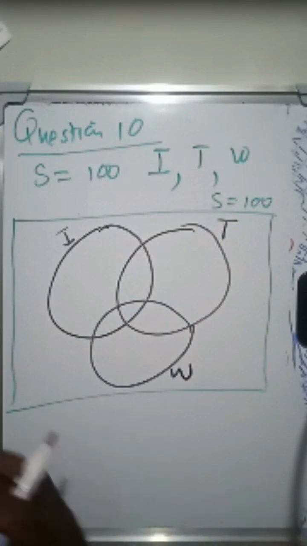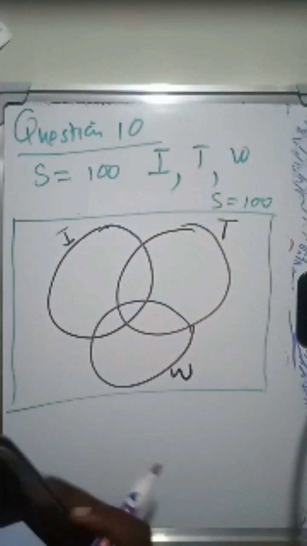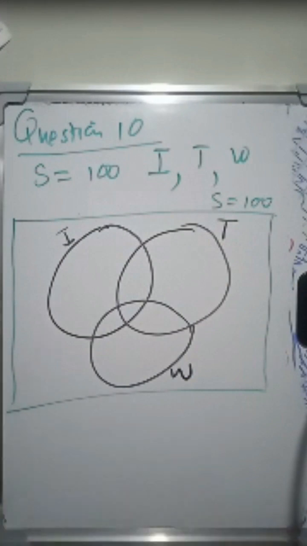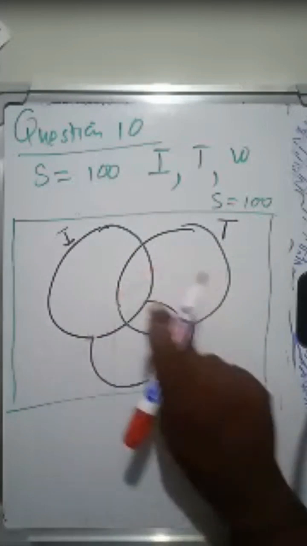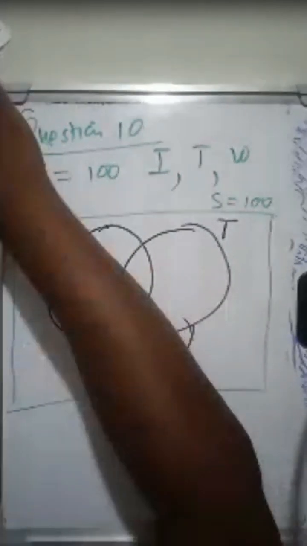Right? Let's go back where they are talking about 8 use all 3. So it means this is the intersection of all the 3. Where do we get the intersection of all the 3? It is somewhere here. Okay, let me draw this circle so that it's a bit bigger.